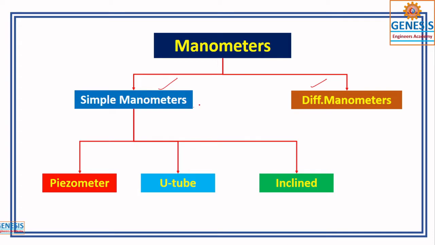Whereas a differential manometer gives us the direct difference of pressure between two points, which we use in the Venturi meter and orifice meter. So let us go into the simple manometer. In this video, I am discussing the piezometer, the U-tube manometer and also the differential manometer. Now we'll discuss the piezometer.